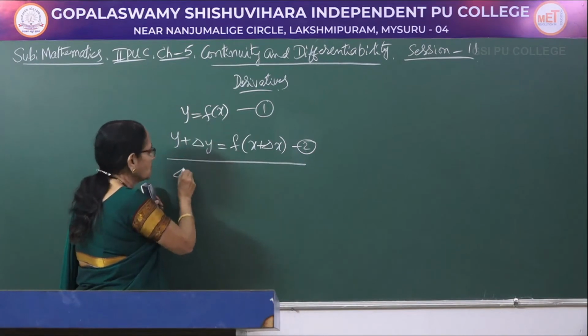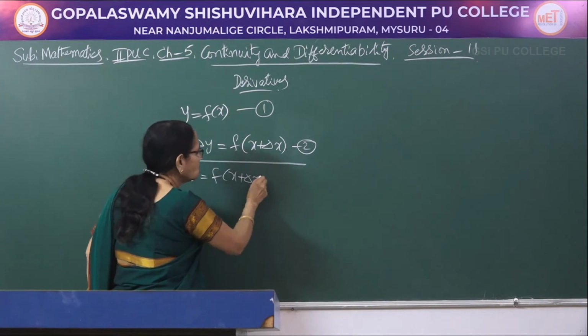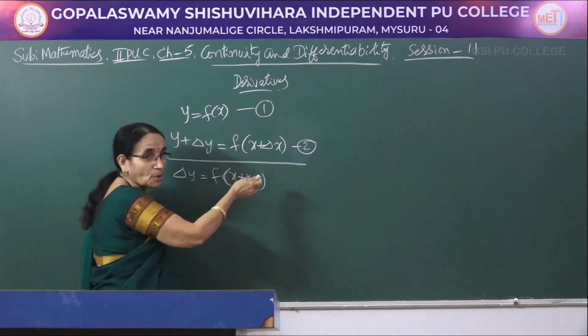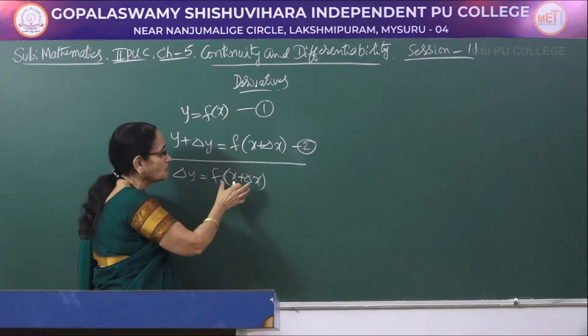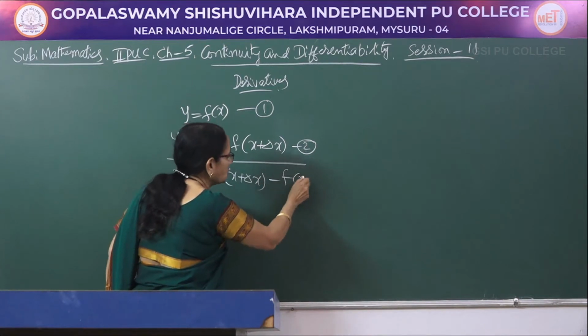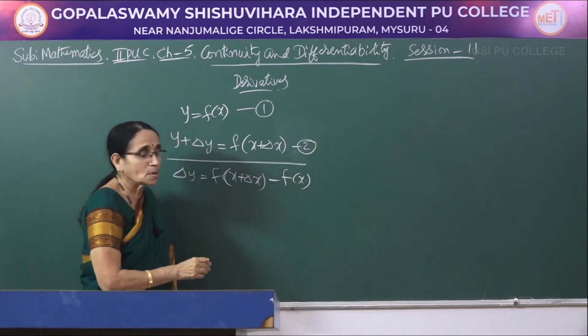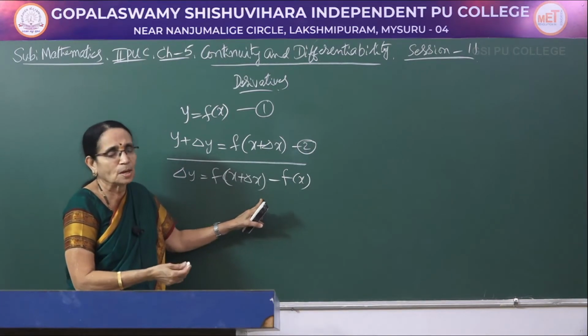Automatically y is cancelled and delta y is on the left hand side. Here you can do the cancellation, but on the right you can't, because it is f of something; you cannot directly cancel this. What I have done is take the difference in the function, whatever function you have considered.